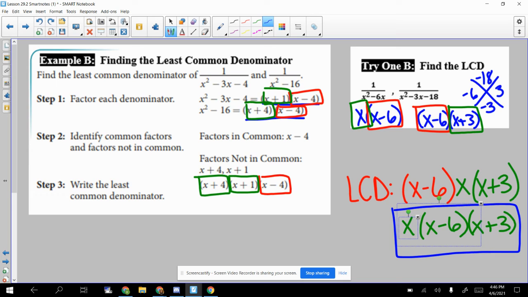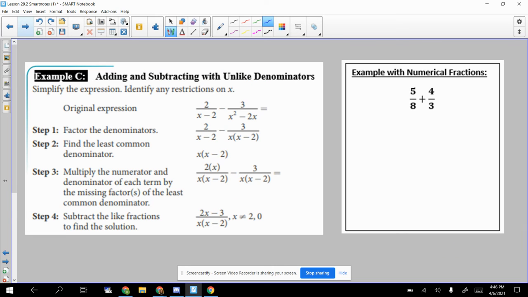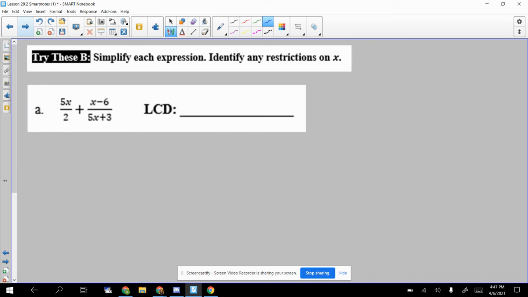Okay, this is going to be important for our day 2 when we have to find common denominators in order to add or subtract. That's what we're going to be doing tomorrow as part of our video, but I want you guys to go ahead and try this one here. Find the least common denominator. In this one, we have a 2 and we have 5x plus 3.